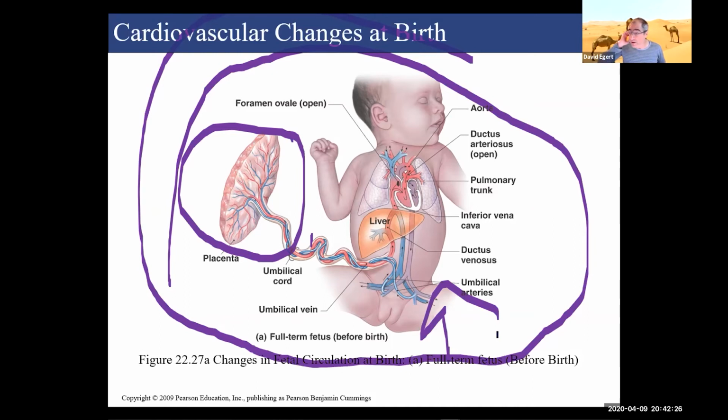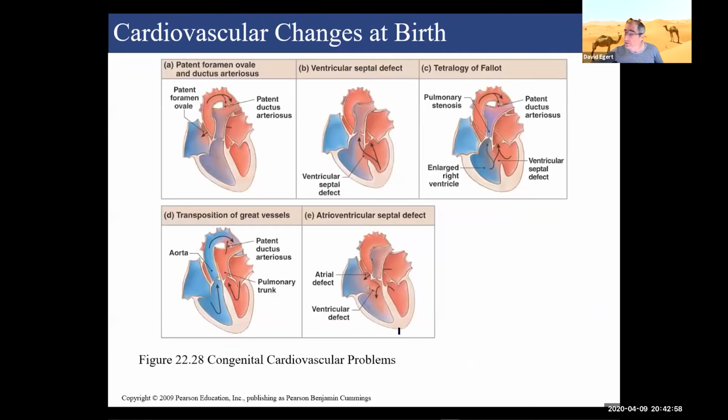Blood vessels that supplied the fetus from the placenta become little fibrous connective ligaments that are left over, but they make way more sense once you understand developmentally where they came from. So I want to take a detour and go through blood in a more relaxed way, but we are going to come back to this. We'll return to fetal circulation.